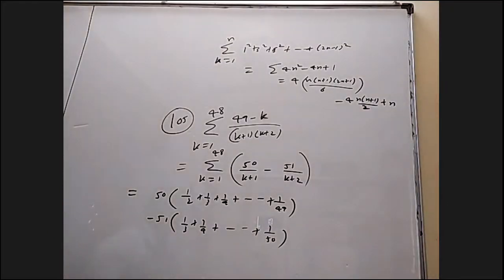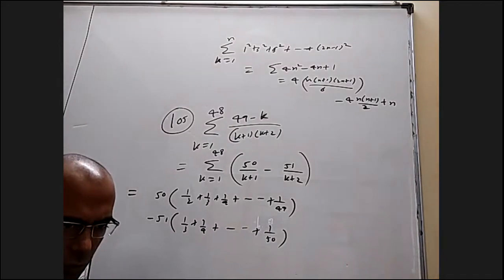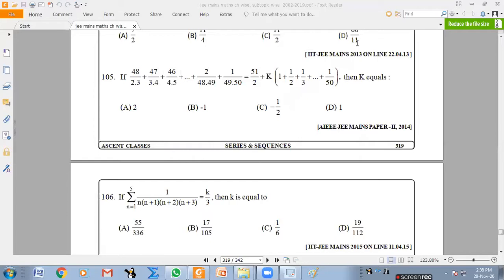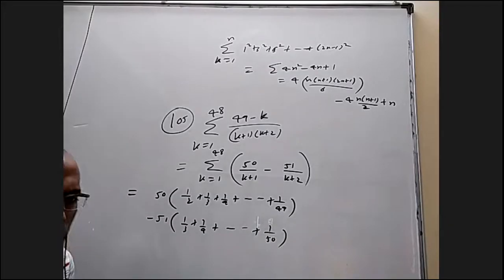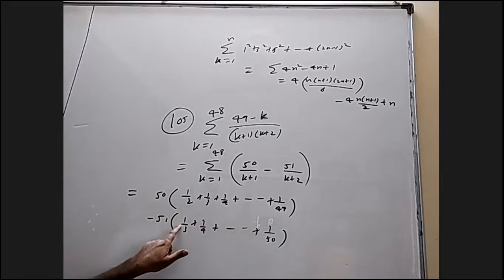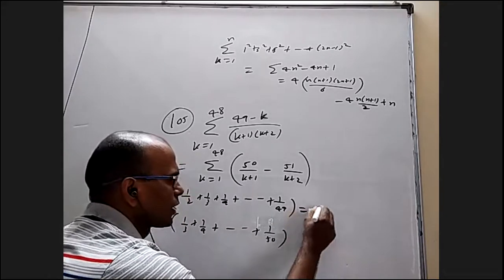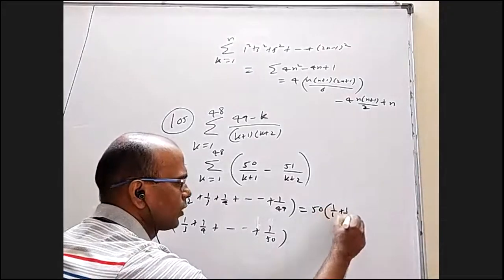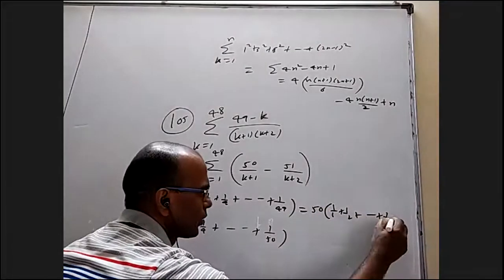Okay. But what is the answer? They want 1 by 1 up to 1 by 50. So here 1 by 1 and 1 by 50 are missing. Here 1 by 1 and 1 by 2 are missing. Whichever is missing, let us add and subtract. So this I am going to write as 50 times 1 by 1 plus 1 by 2, so on up to 1 by 50.